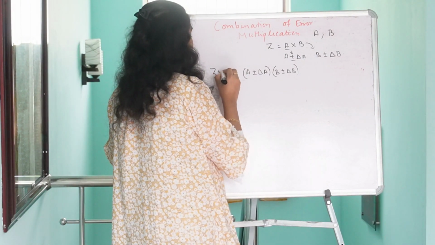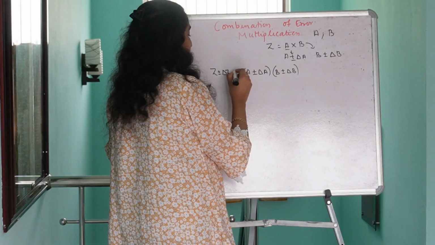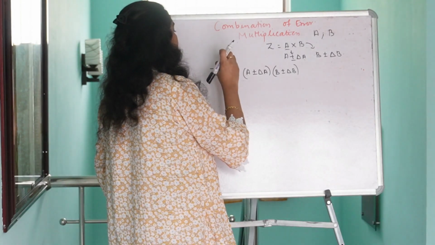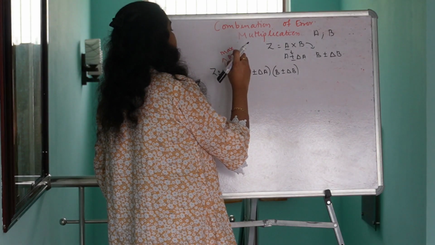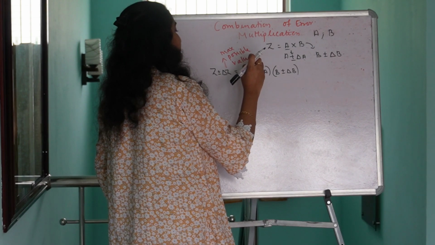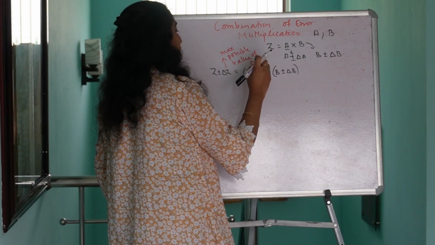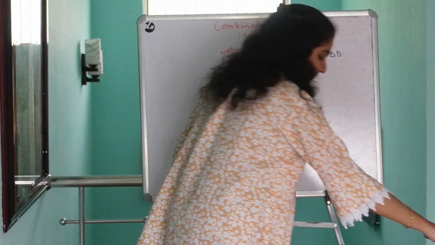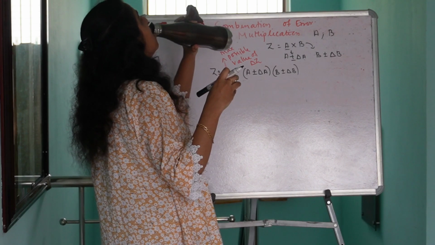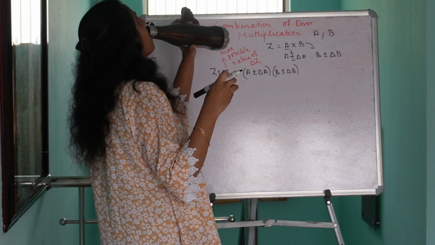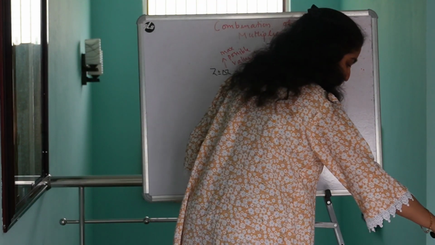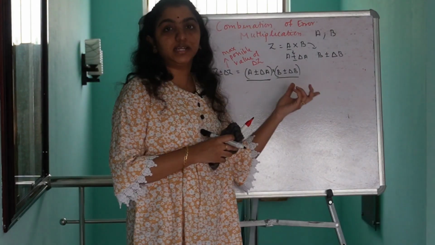So we can say Z plus or minus del Z. Here we have to find the maximum possible value of del Z. Is it clear, guys, up to this?